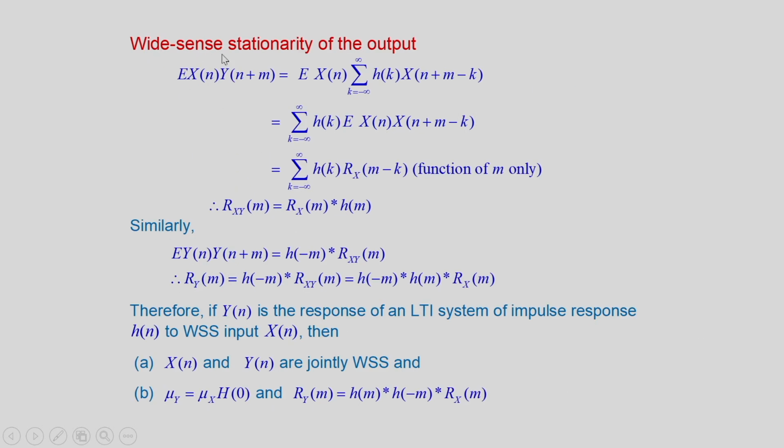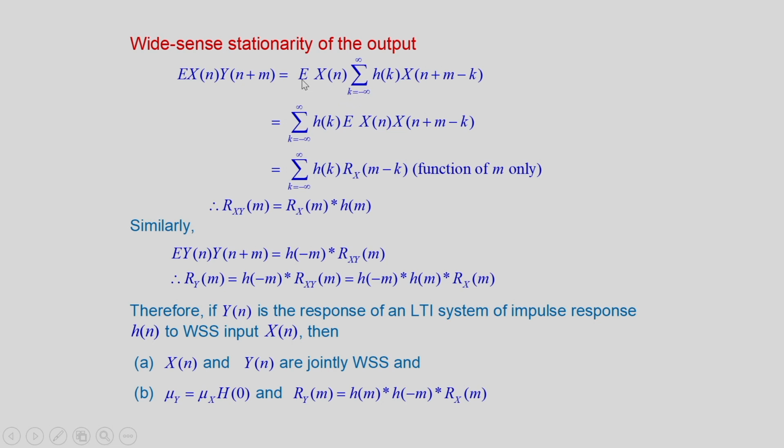We will continue about wide sense stationarity of the output. Let us see what happened to the cross correlation function, E of x[n] into y of n plus m, that is equal to E of x[n] into y of n plus m, where y is the convolution of h[n] and x. So, that we can write as summation h[k] into x of n plus m minus k, k going from minus infinity to plus infinity.